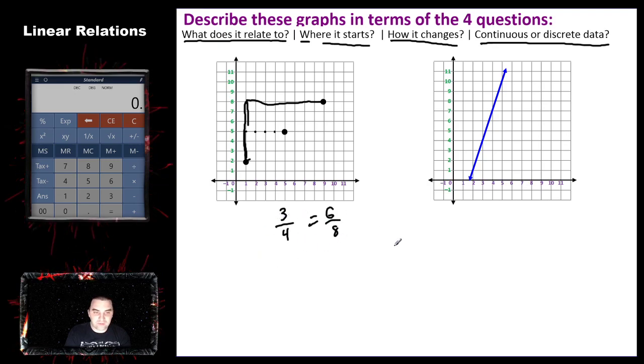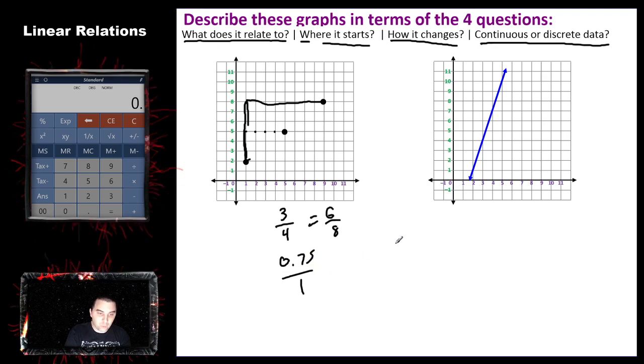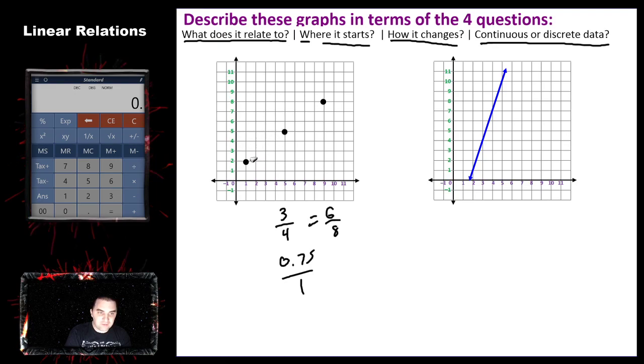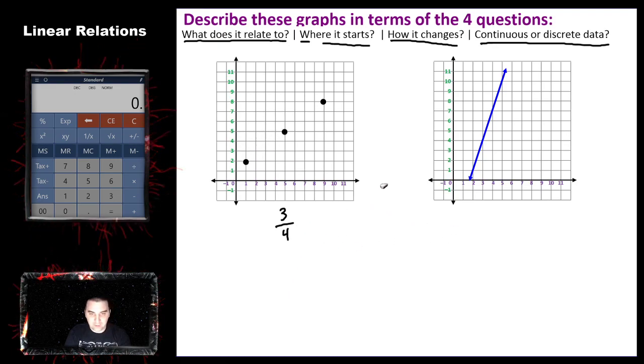It's just one is more simplified than another. You could also have said 0.75 to 1. Yes, absolutely true. It goes up about 0.75 for 1 over. So we would expect it to be like right here. Okay? Those are all equivalent. They're all the same thing. But it's just a whole lot nicer to have these simplified forms. So I would go with 3 over 4.